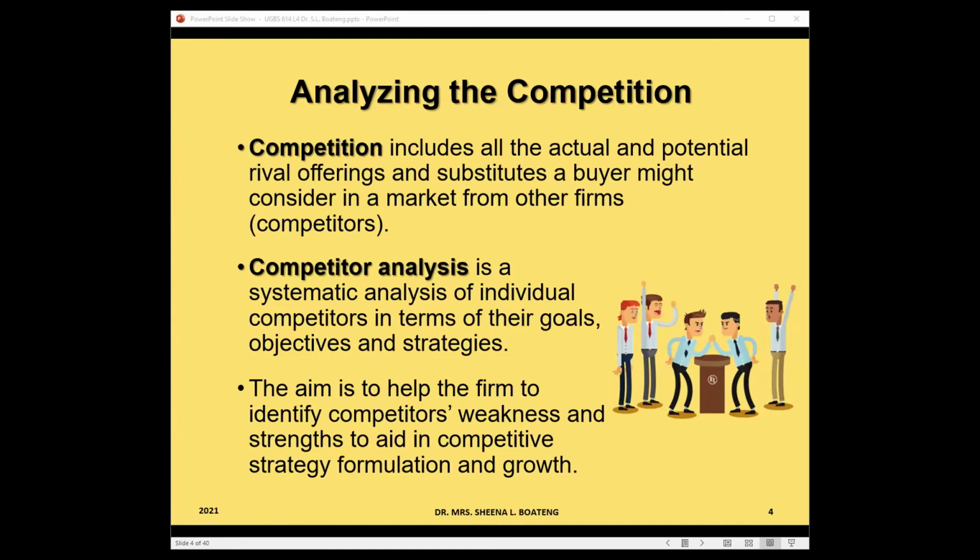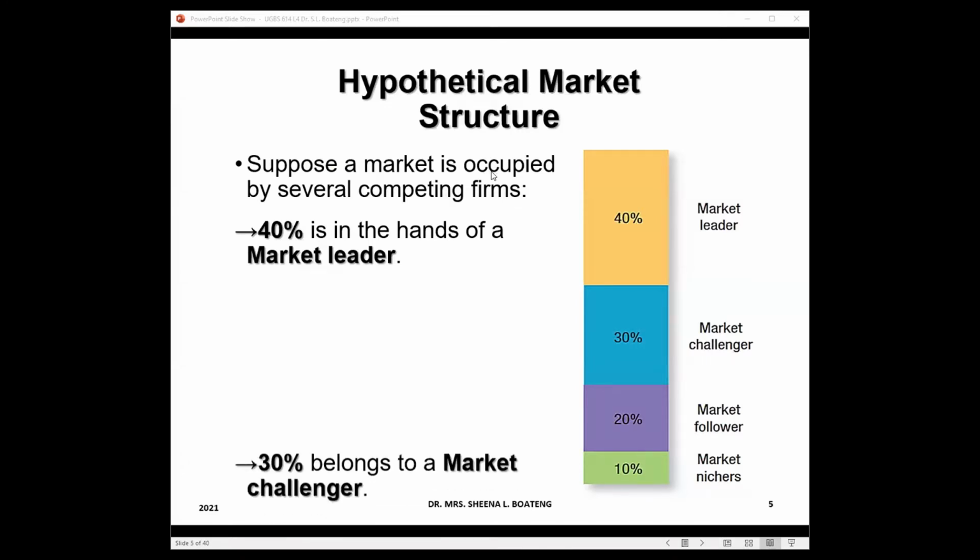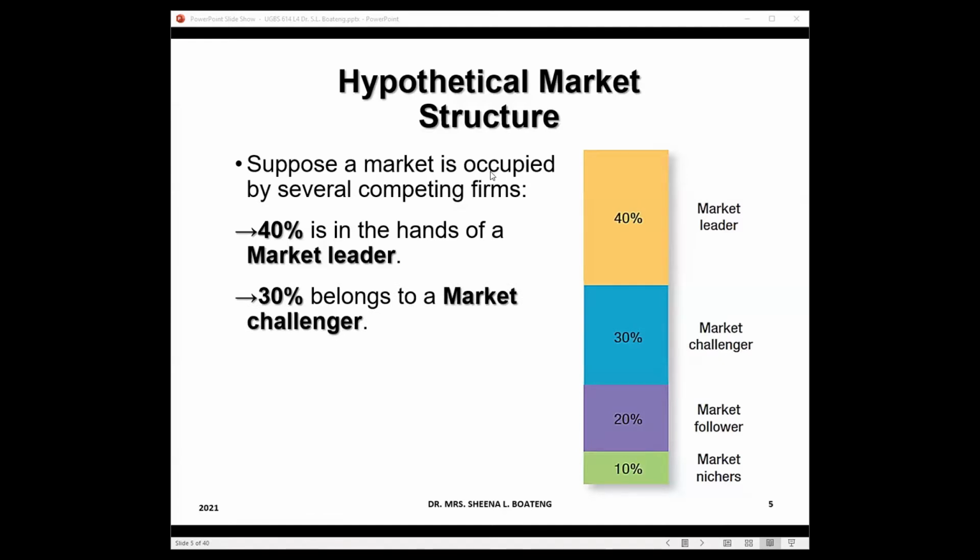So now that we've understood what analyzing the competition entails, let's go into the hypothetical market structure. Hypothetically, in any market structure, there are 4 main competing firms or actors. Starting from the market leader, who holds 40% of the market, the market challenger, who comes after the market leader, usually holds about 30% of the market.